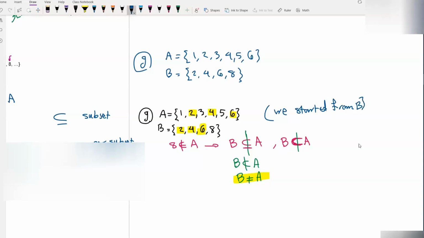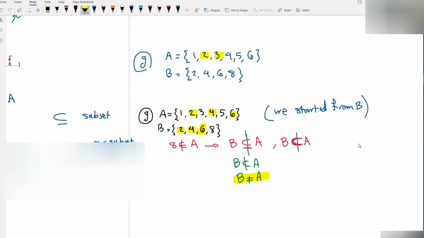From B. That's why from left to right, first I have B. So that means we started to compare B first. Now I'm going to start from A and see if I have all these members.